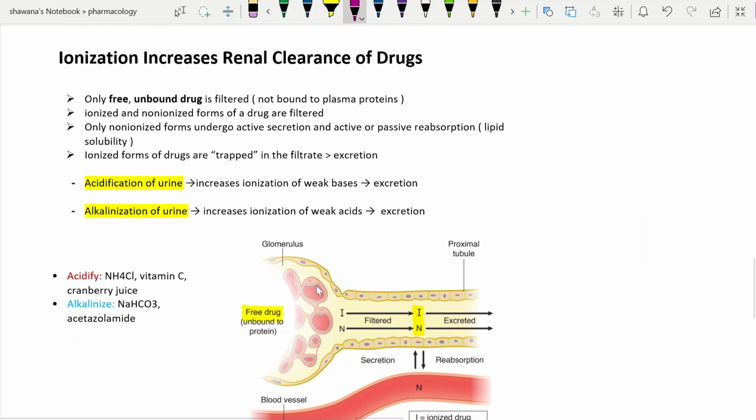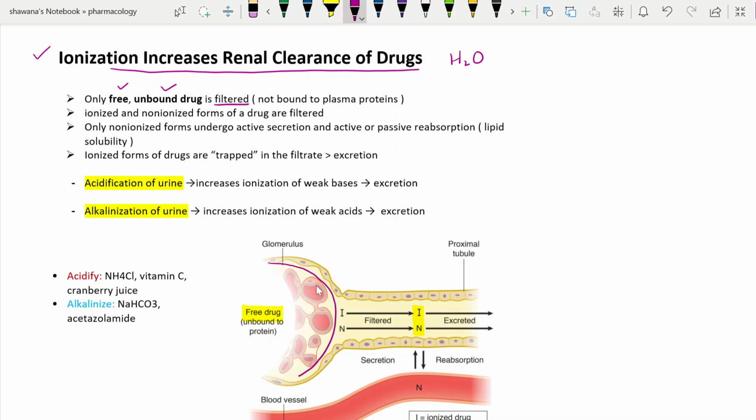The last topic is ionization. Ionization increases the renal clearance of the drug. Why? Because the ionized drug becomes more water soluble. Free and unbound drugs are filtered from the glomerular capillaries.